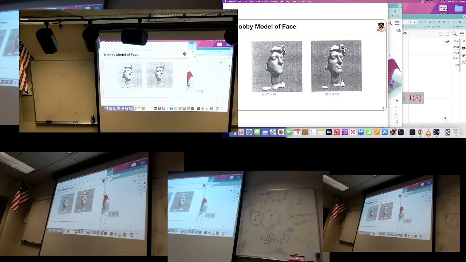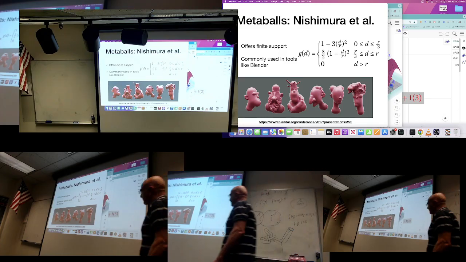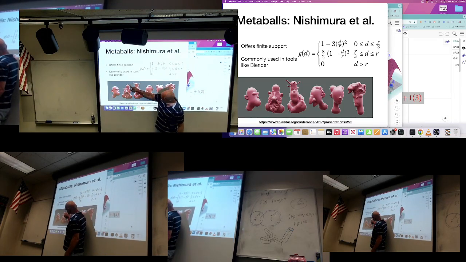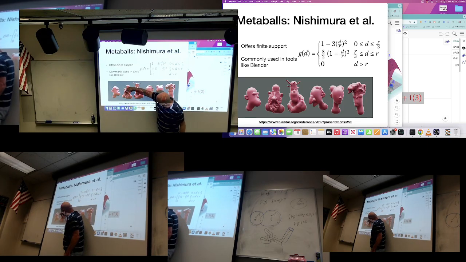I'll show you a YouTube video later that gets into the details and walks you through building a model with it. To answer your question, whether it's the same R or not, I would think not. I would think that the whole head is one sphere versus the ears and blobs that are much smaller. So I would think that it's probably right, with the head as probably one single blob versus the nose, etc.